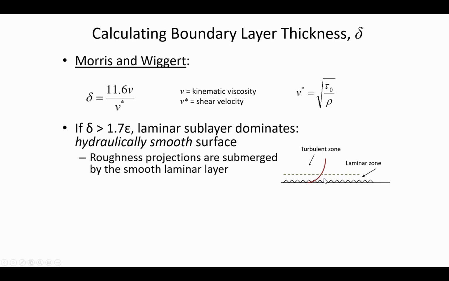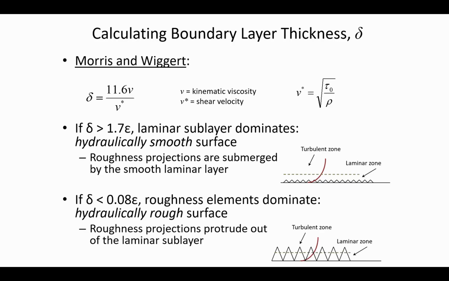So those roughness elements aren't going to have much of an effect on the flow if the turbulent zone is so far away from them. In other words, they're not really causing that much of a problem because they're fully immersed by this laminar layer. But on the other hand, think about these roughness elements. I described them before as kind of like peaks of a mountain.